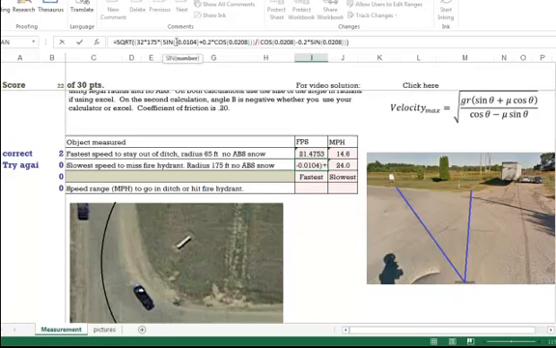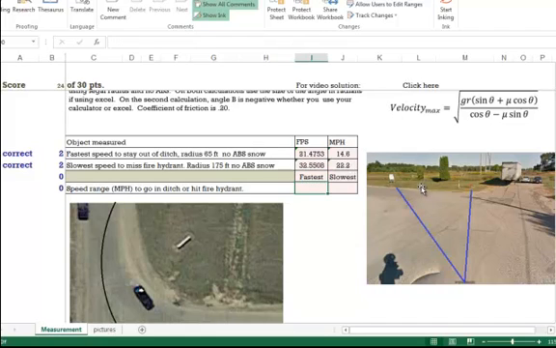I'm going to copy that and just paste it into each one of the different locations. If I were changing the coefficient of friction, I would also have to change that. And if you notice, I get 22.2 miles per hour. So the slowest you can go is 14.6. I'm sorry, the fastest you can go is 22.2, and the slowest you can go is 14.6.